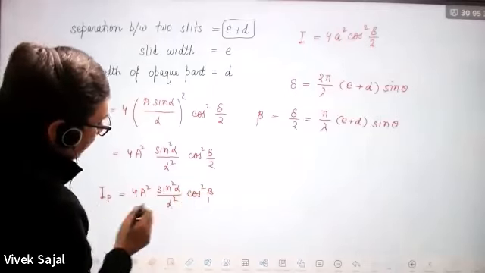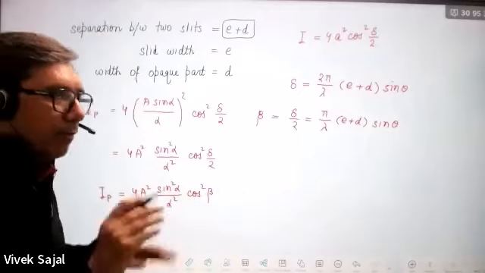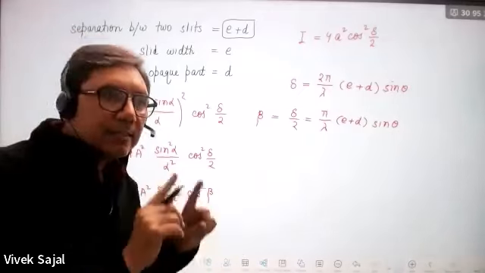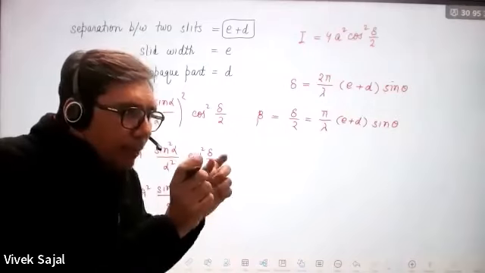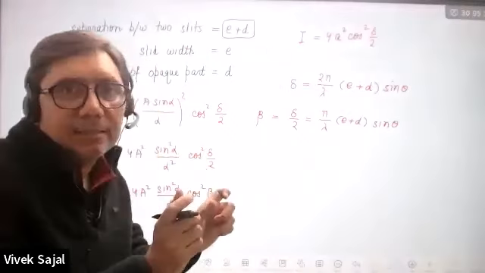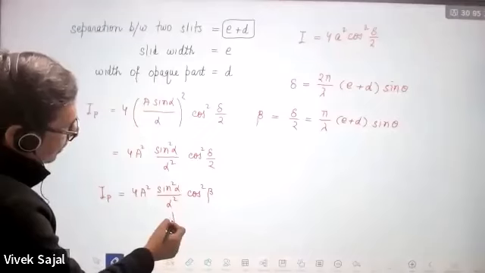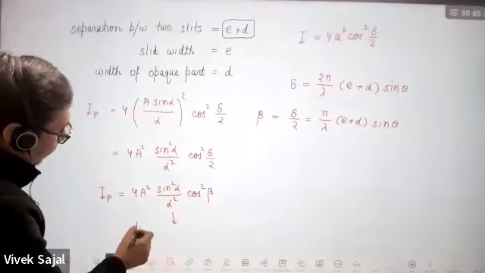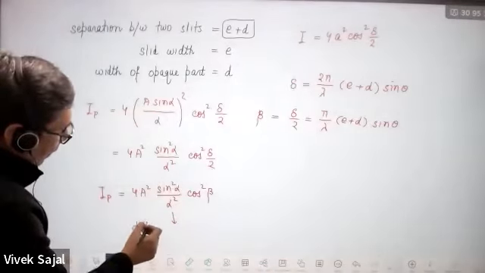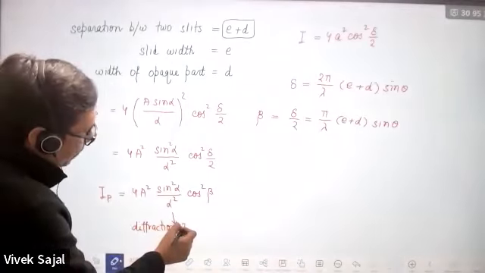So what is happening here? At the individual slit, diffraction is taking place first. When light is passing through these two slits, because the width of the slit is of the order of lambda, first diffraction is taking place. So this first term is representing the diffraction at individual slits.